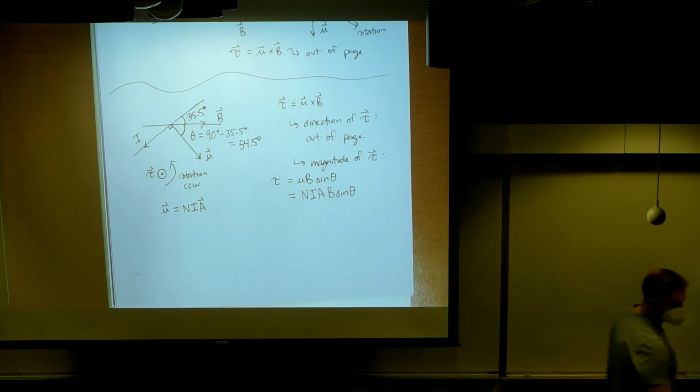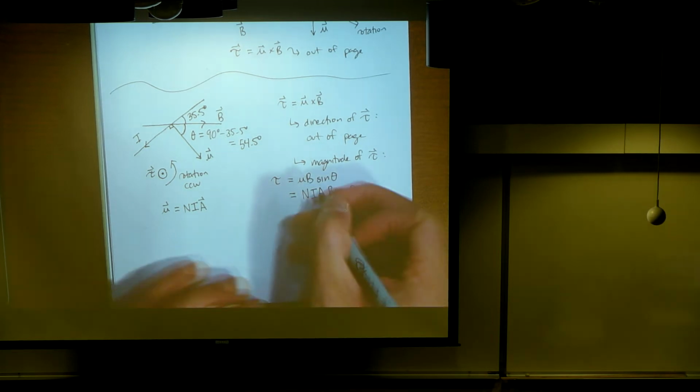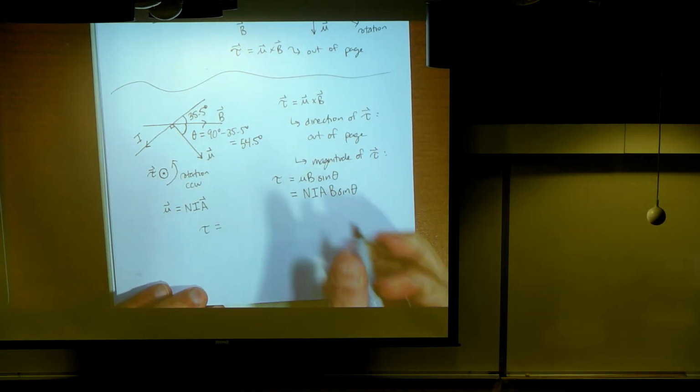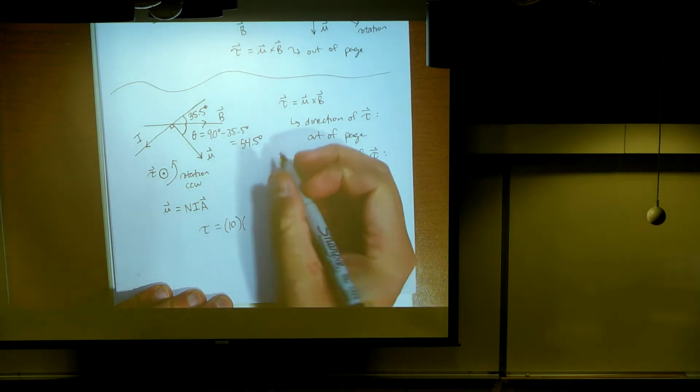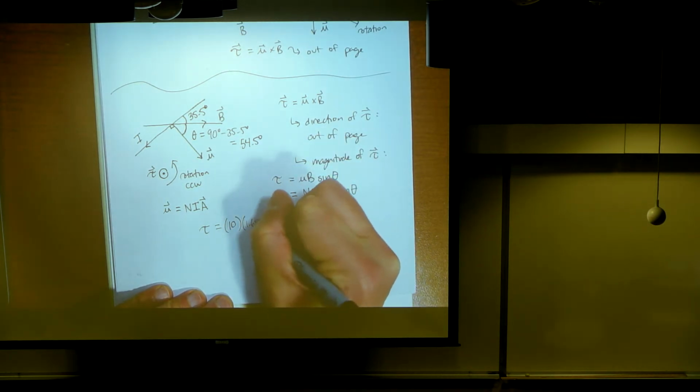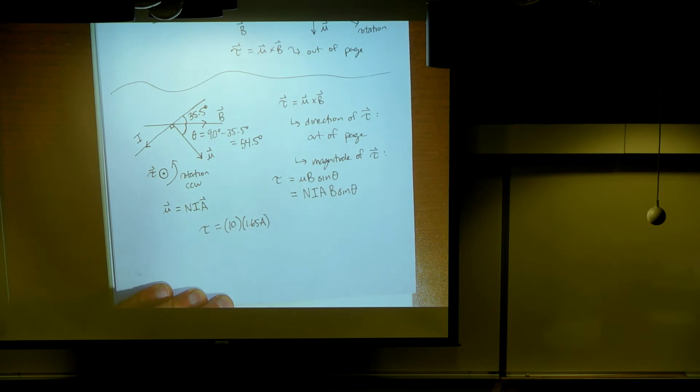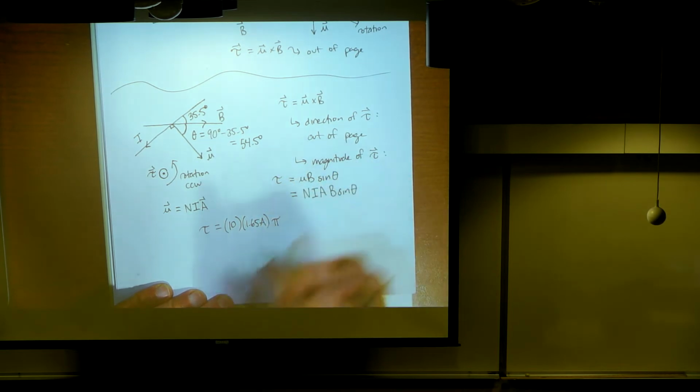So let's put in what we know. N is exactly 10 turns. I, that was 1.65 amps. For the area, that's going to be basically a circular area, pi r squared.